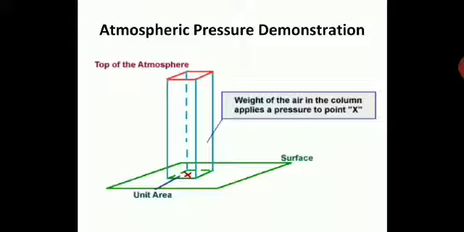So this is just a demo for you to understand our atmosphere where the pressure of the air will be exerted. You can relate this demo to the actual earth and the atmospheric pressure.